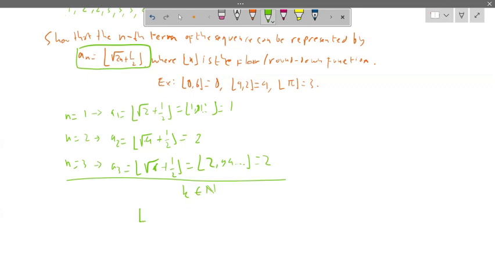What does this represent? If we were to fix k, so k is a constant, then the only unknown in this equation is n. And solving for n actually gives us the term numbers whose value is equal to k.